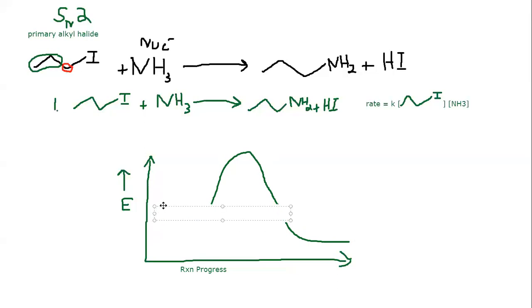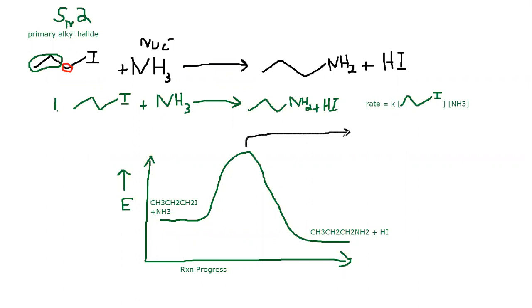So here we do our reactants. Those are our reactants and our products. Now at the transition state, if we were to draw what's occurring, we'll draw it over here.